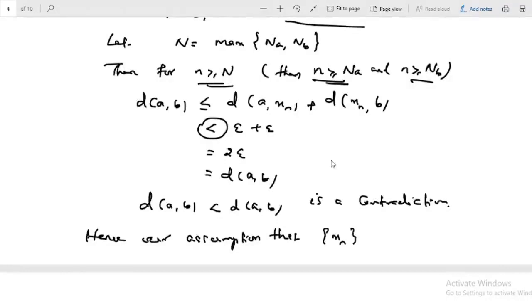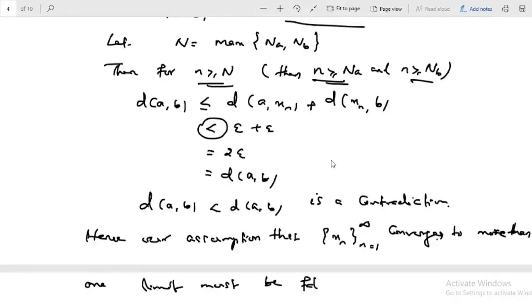Sequence x_n converging to more than one limit must be false. Okay.